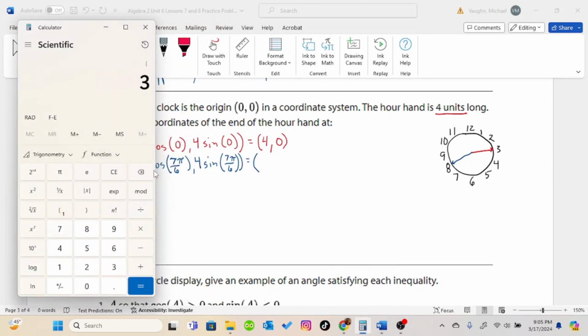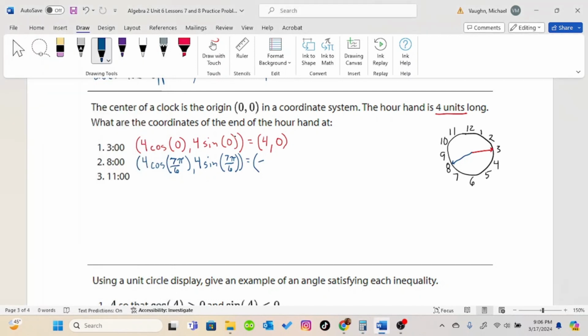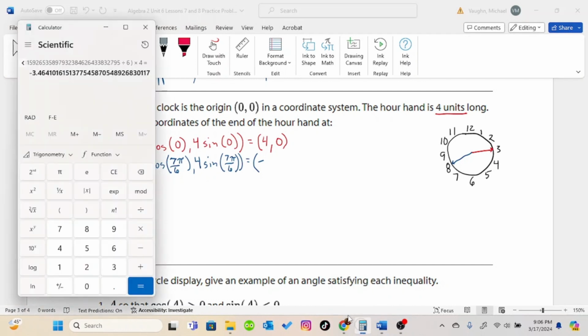We have parentheses 7 times pi divided by 6, close parentheses. We want the cosine of that, and then we want to multiply that by 4. And we have negative 3.5.